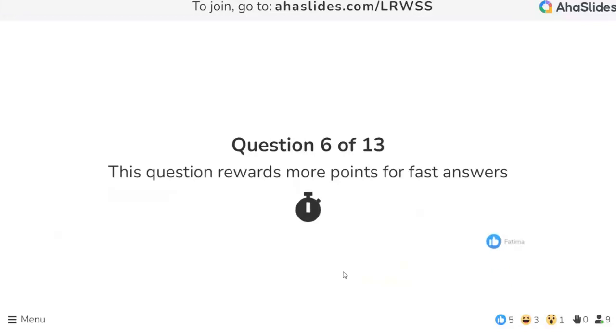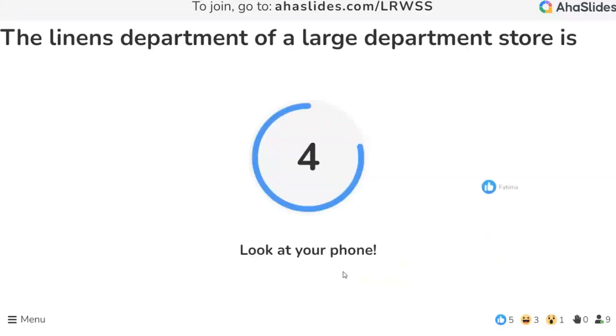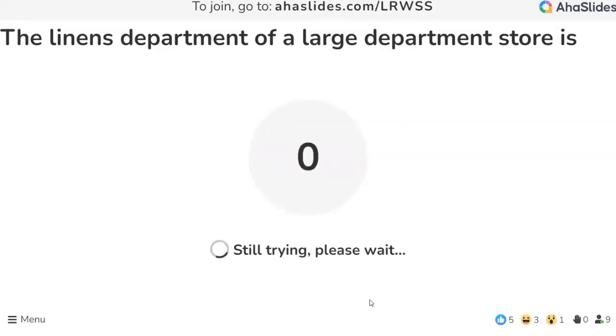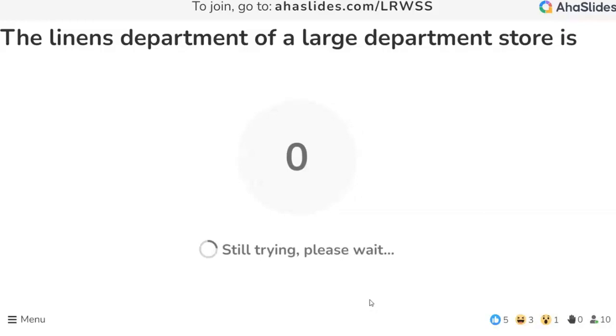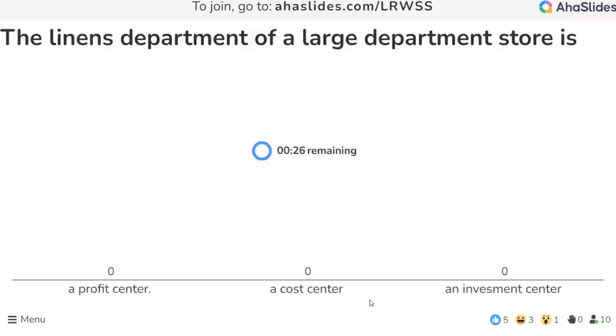The linen department of a large department store: is it a cost center, a revenue center, or a profit center? They sell sheets and pillowcases in the department store.